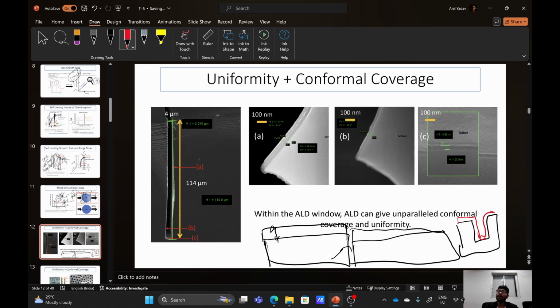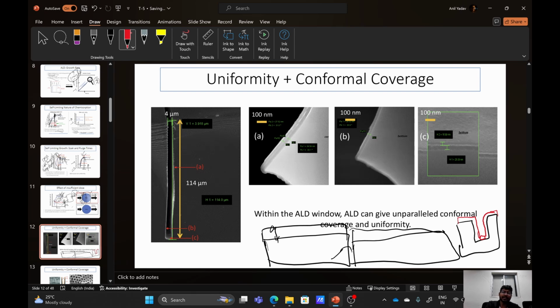The material that you are growing should be covering whatever steps, covering everything. We can say it should follow the morphology of the substrate.